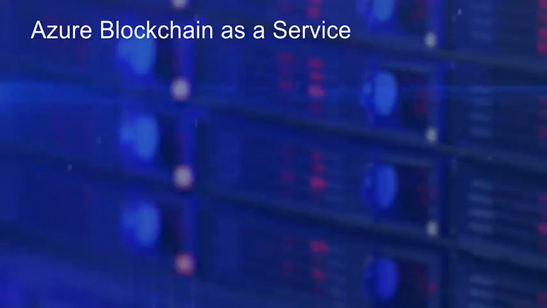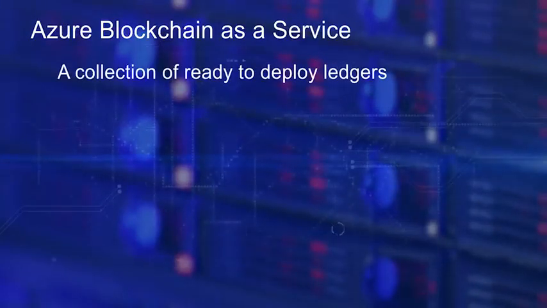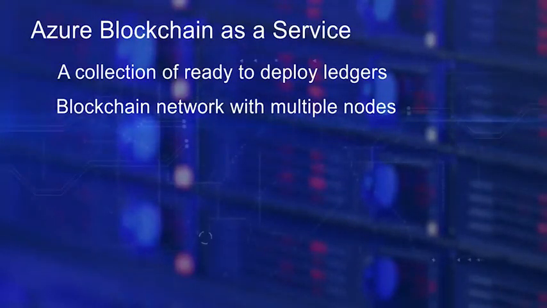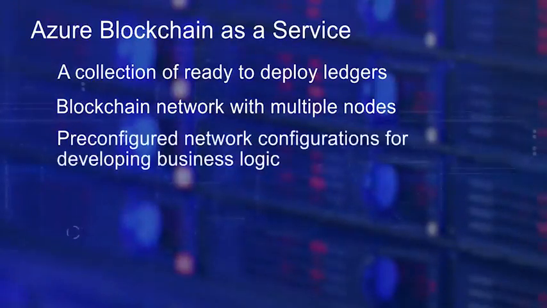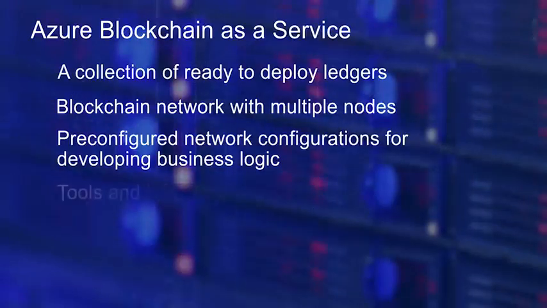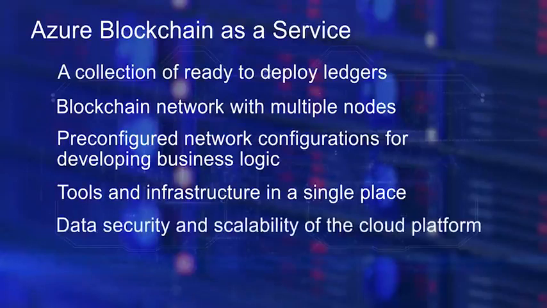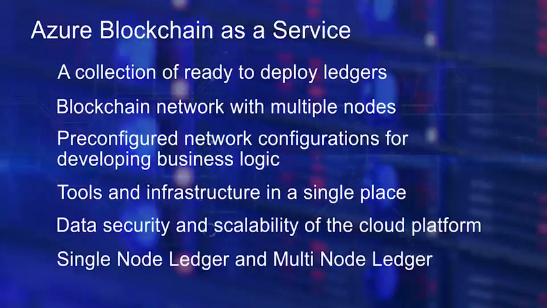Azure blockchain as a service features include a collection of ready-to-deploy ledgers, a blockchain network with multiple nodes with hashing, mining, the consensus among the nodes, and the distribution of replicated ledger to all nodes, pre-configured network configuration for developing business logic, tools and infrastructure in a single place, data security and scalability of the cloud platform, and single node ledger and multi-node ledger.